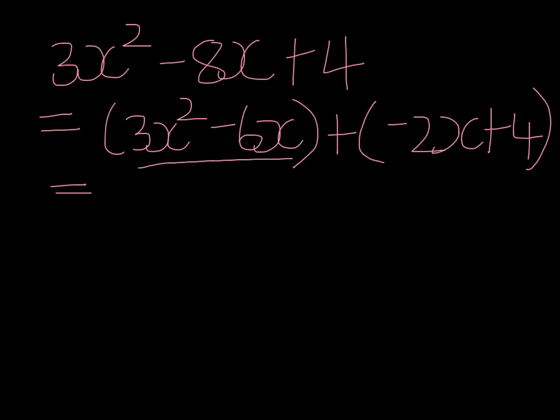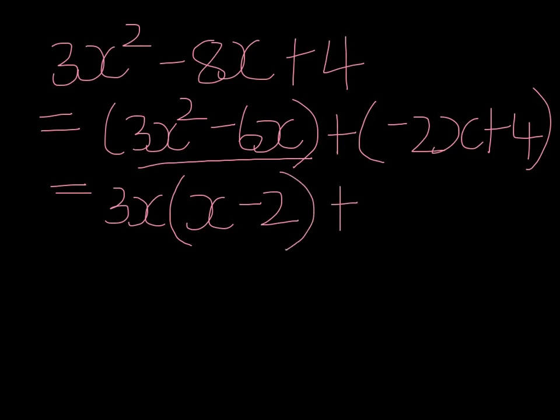So for this bracket here, 3x is going to be our highest common factor. We're going to be left with x take 2. Now we want to make the bracket on this side, we want x take 2 as our remaining factor there.